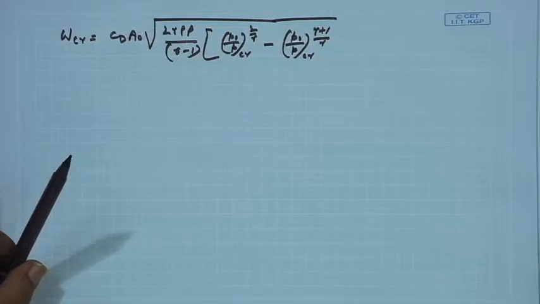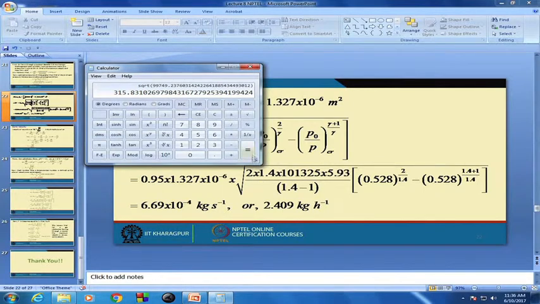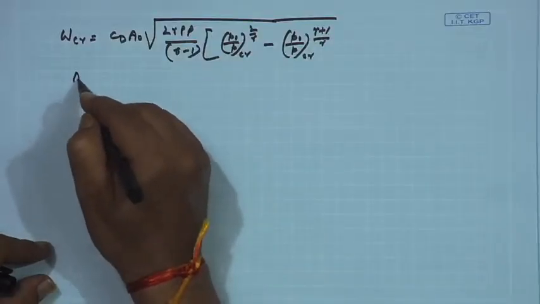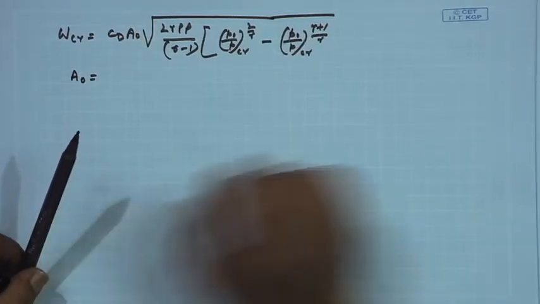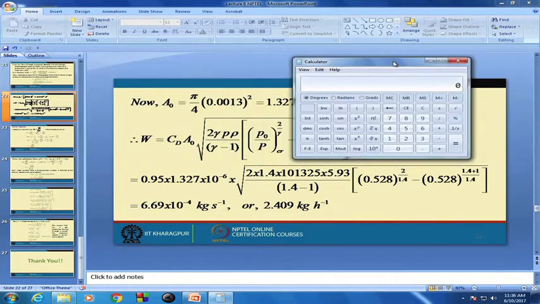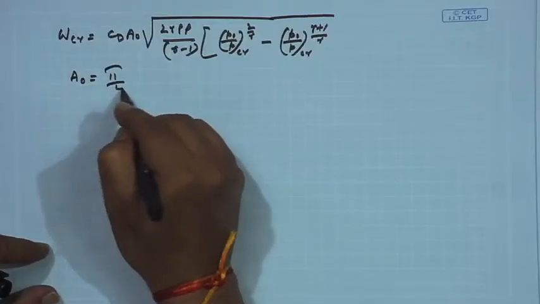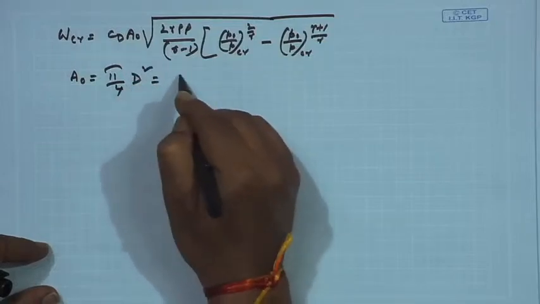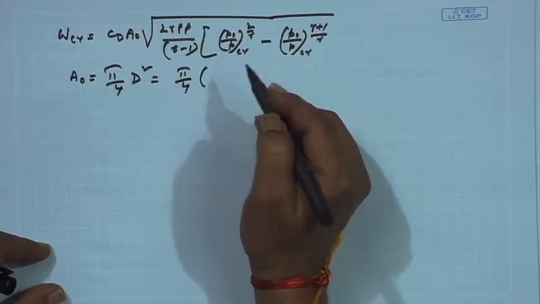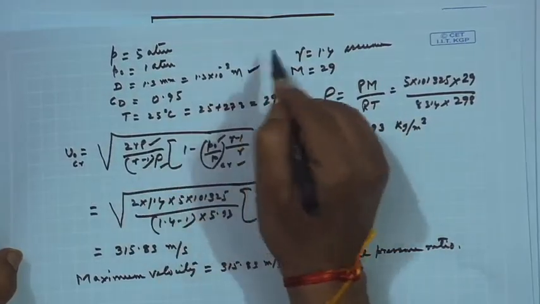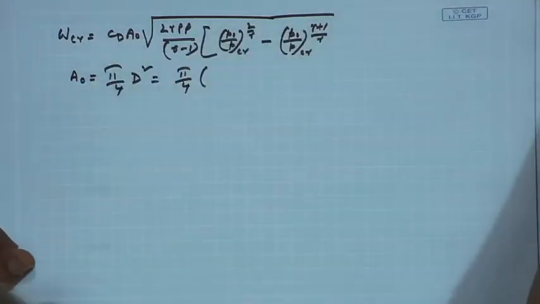So, if we now see what is the value of A0, because CD is given, A0 is pi by 4 into d square, where d was given as 1.3 into 10 to the minus 3 meter, right.